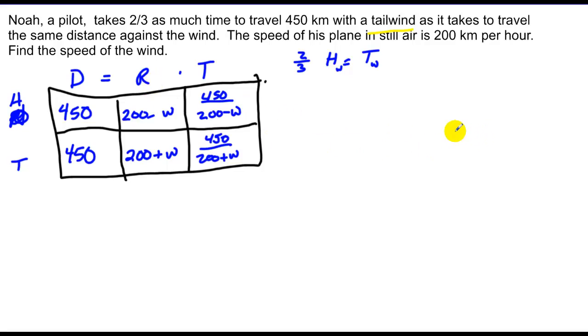So I take 2/3, multiply that by my time of the headwind, and set that equal to the time of the tailwind.